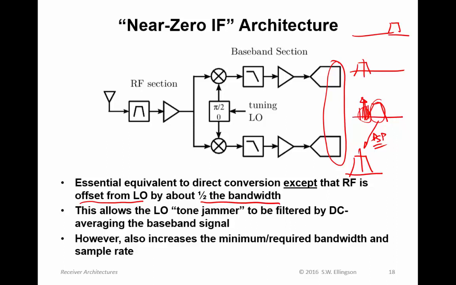However, I should point out that this also increases the minimum required bandwidth and sample rate, because in the direct conversion architecture as classically implemented, the signal can be digitized using the lowest possible sample rate, whereas here the signal has to be sampled with a slightly higher sample rate. So Fs/2 is here, Fs/2 is here. So Fs/2 for near zero IF architecture is somewhat higher.